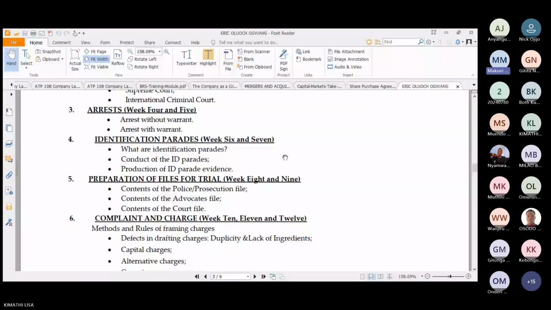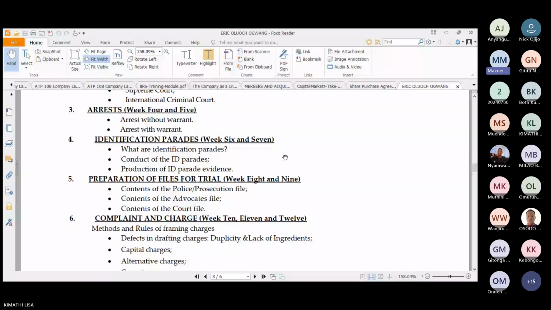Okay. So I think you guys have understood this aspect better than I did when I was still at the Kenya School of Law. But you tend to forget, so you need to see what song you will sing. Most of the time, it is the first one, the contents of the police/prosecution file.